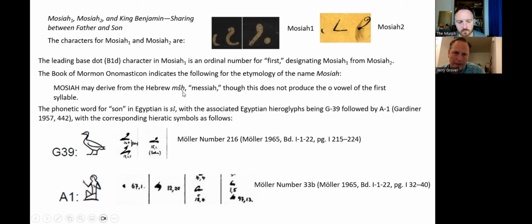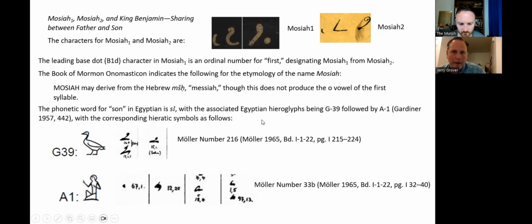Again, I'm not going to try to pronounce it because I don't speak Hebrew. So we're trying to find something close to Messiah, something like Messiah. The phonetic word for son in Egyptian is this S with these little kind of alephs.